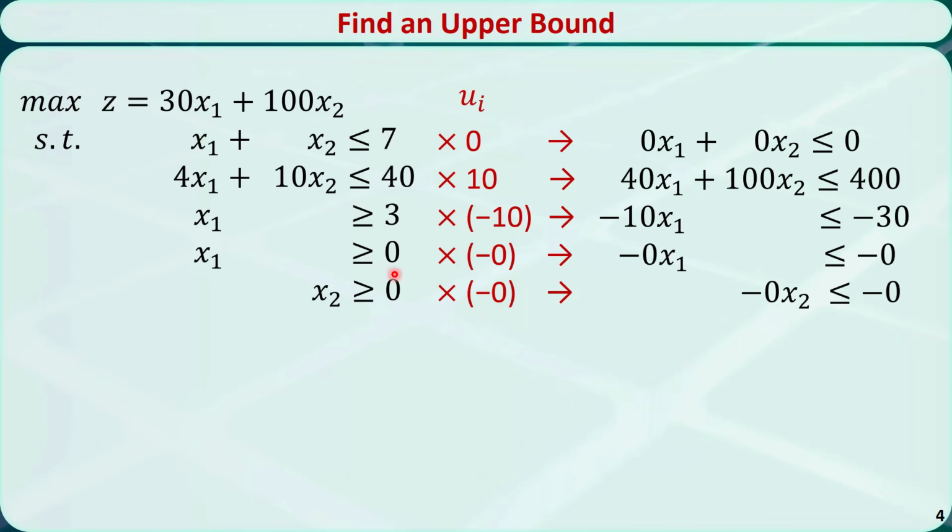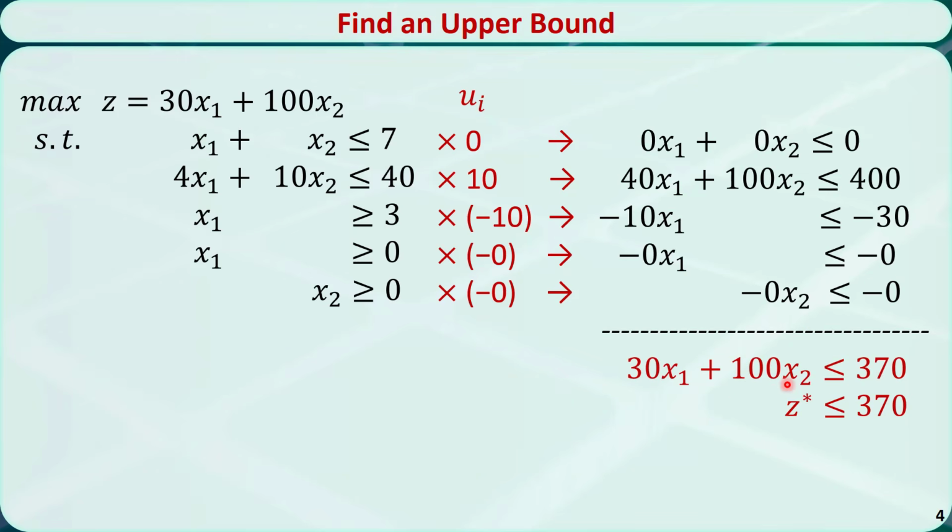We multiply the fourth constraint by negative 0. We will get this new constraint. The greater than or equal to sign is changed to the less than or equal to sign. We do the same for the last constraint. Now we add up these inequalities, and this is what we get. The left-hand side matches the objective function, so the right-hand side, 370, is an upper bound of the maximum value Z star.